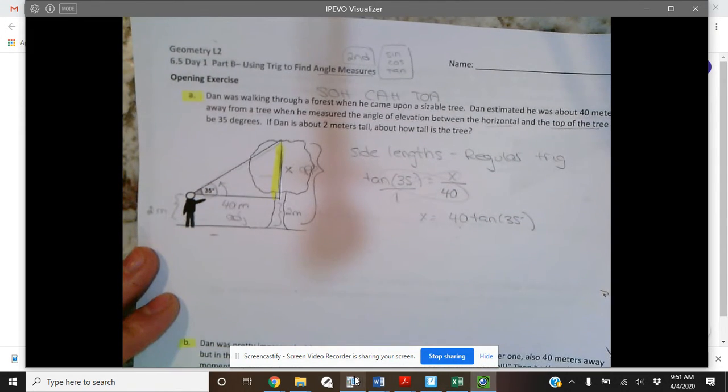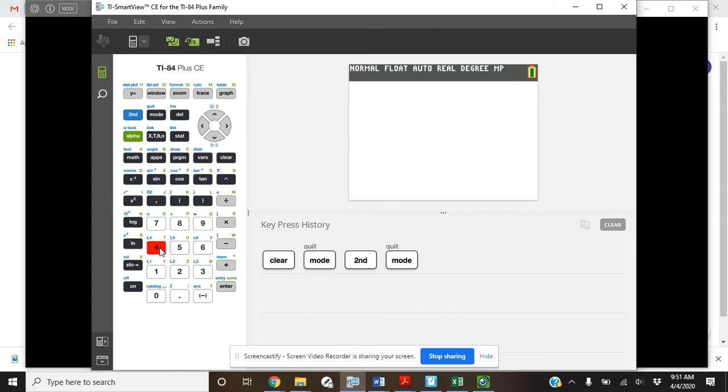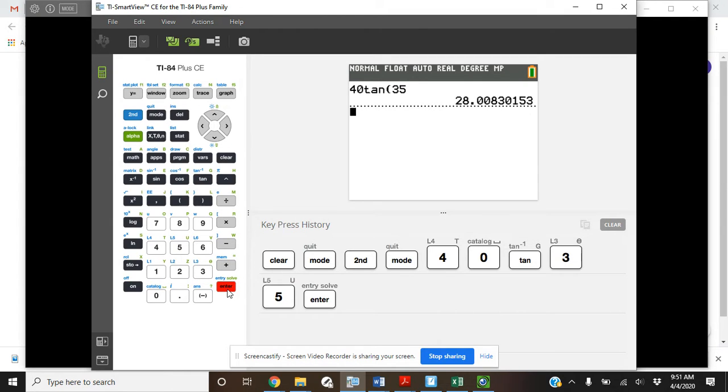Let's go into our calculator and see what that comes out to be. 40 tan 35 degrees. And we get that x equals 28.008. So let's round all of these to one decimal place. So that's just going to be 28 meters.